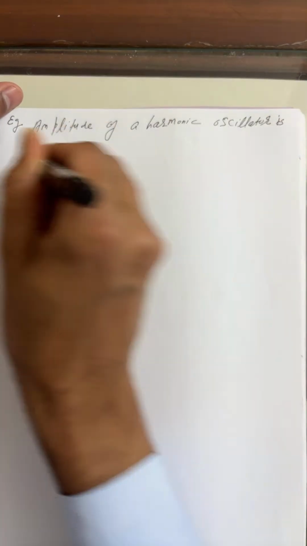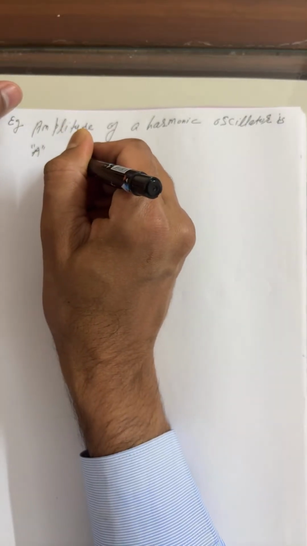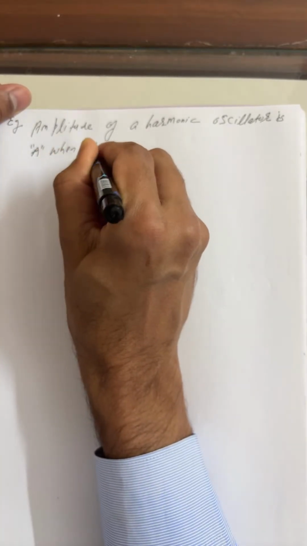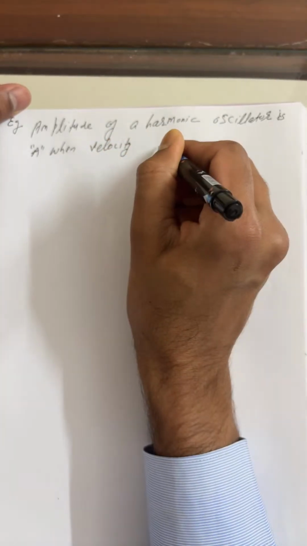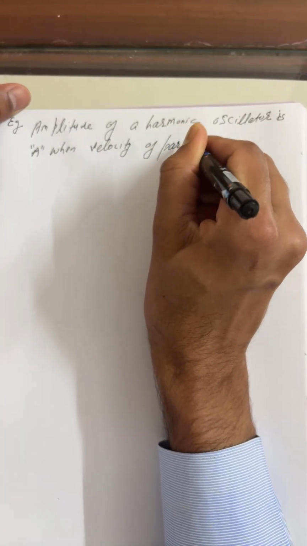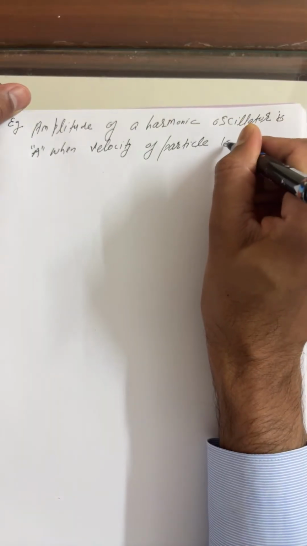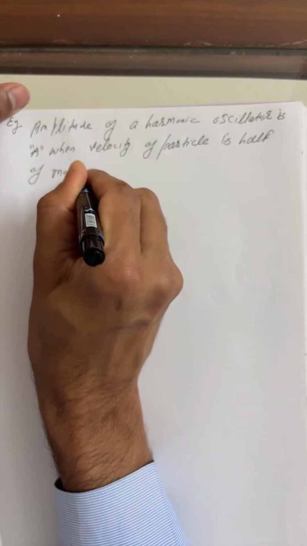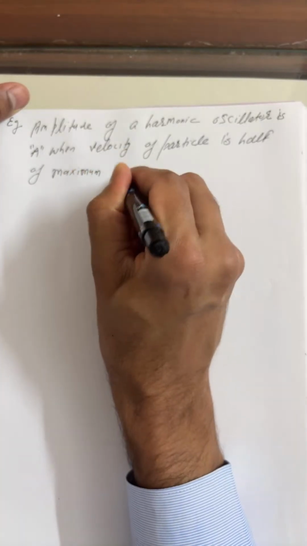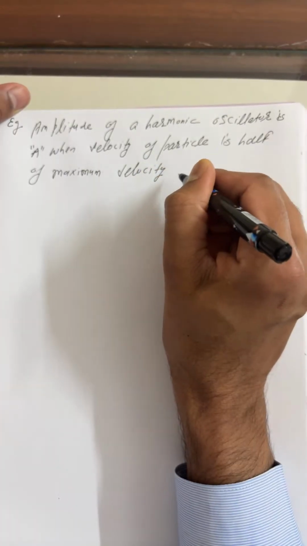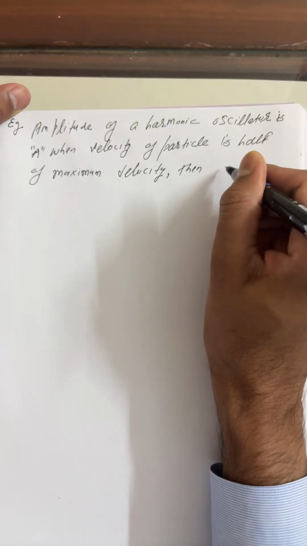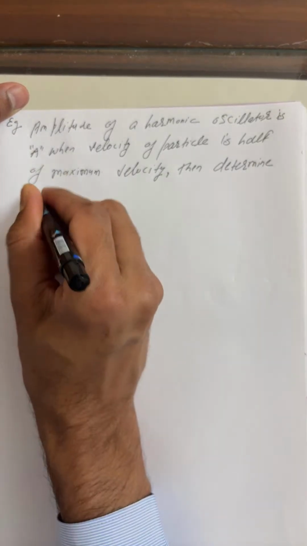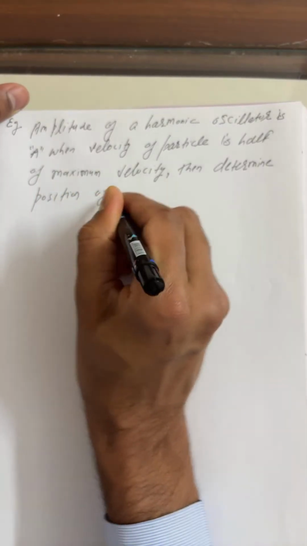Harmonic oscillator is A. You can say A. When the velocity of the particle is half of the maximum velocity, then determine the position of the particle.